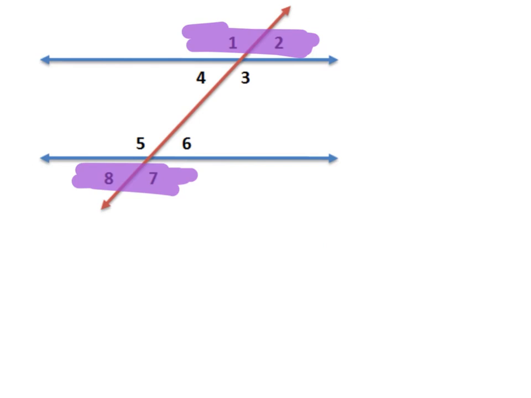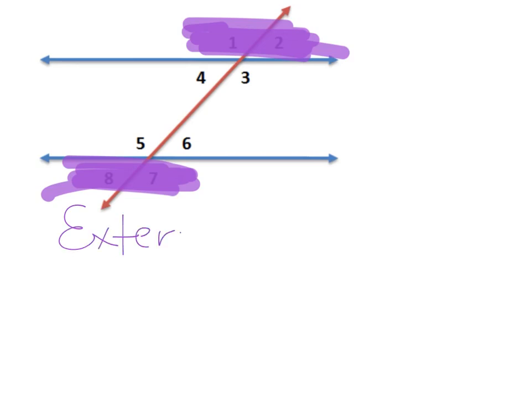So a few other things I want to talk about before we get into what the angles are is I have highlighted here angles 1 and 2 and 7 and 8. Okay, and those 4 angles are called exterior angles because they are on the outside of the parallel lines.